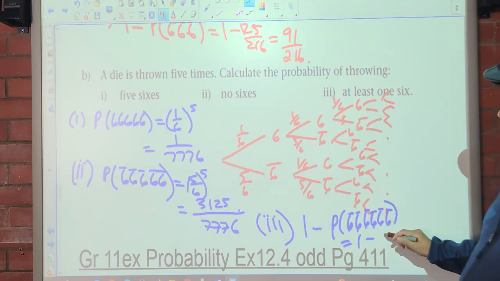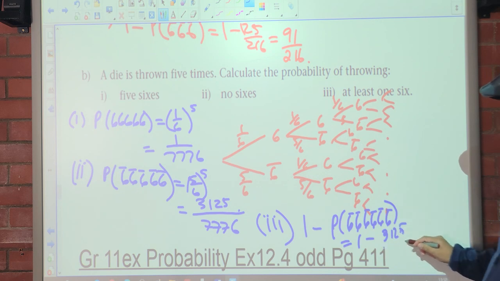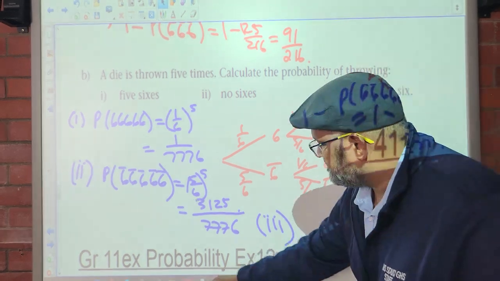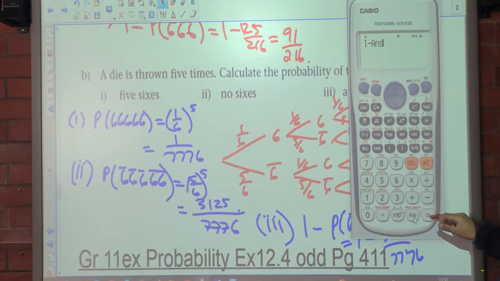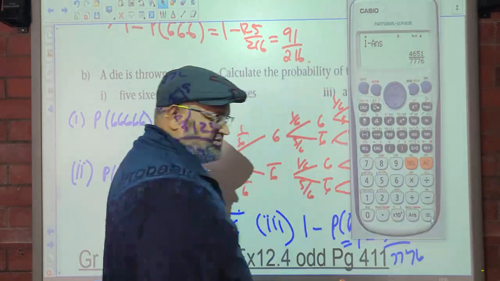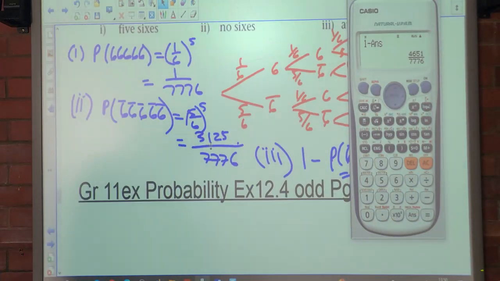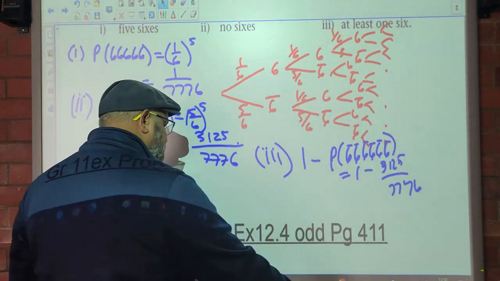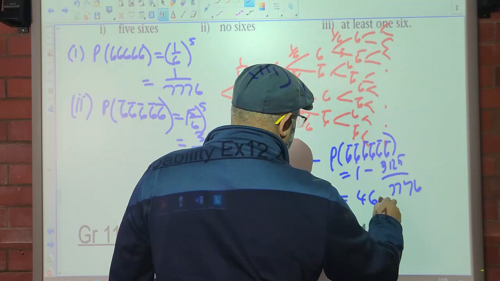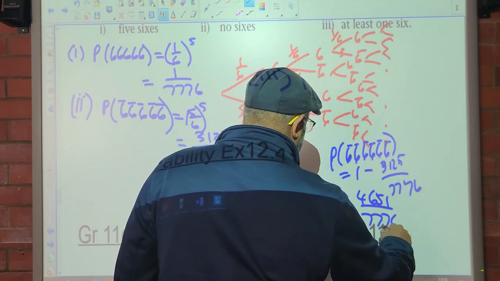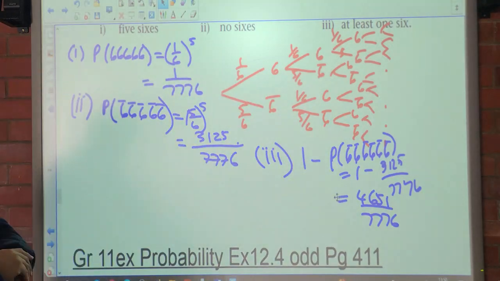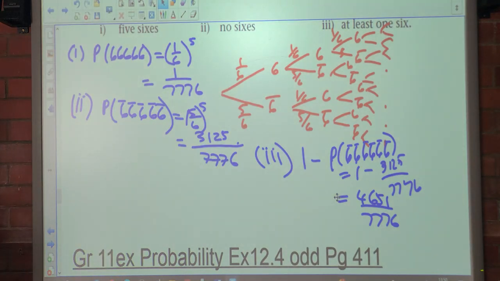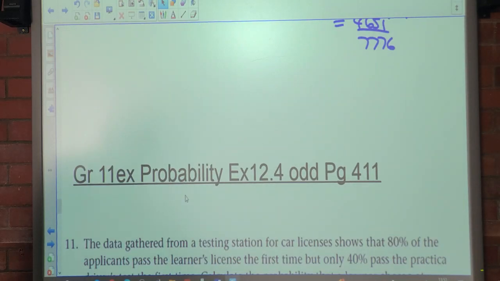Which is going to be 1 minus 3125 over 7776. 1 minus that gives you 4,651 over 7776. Is that correct? Yes. There we go. Easy, no? Can't help that maths is so easy.